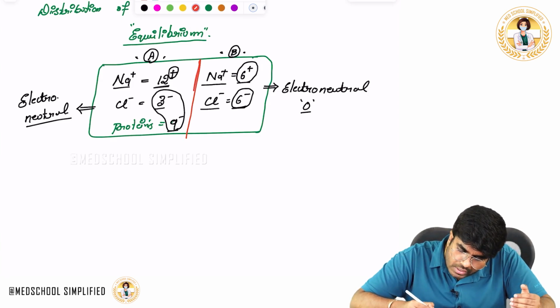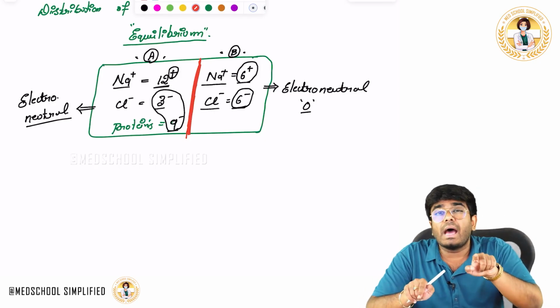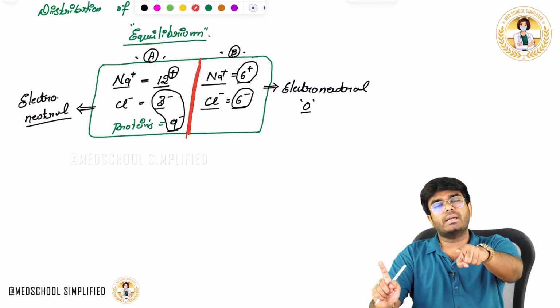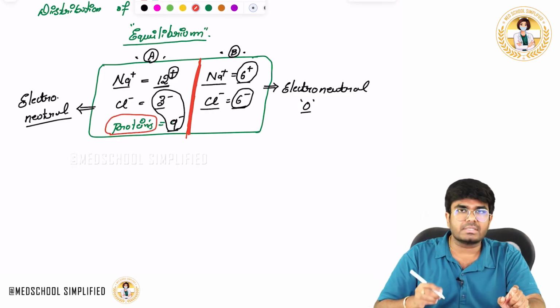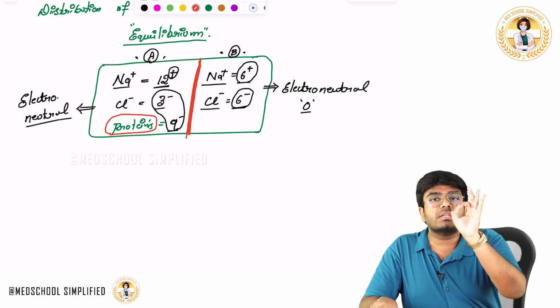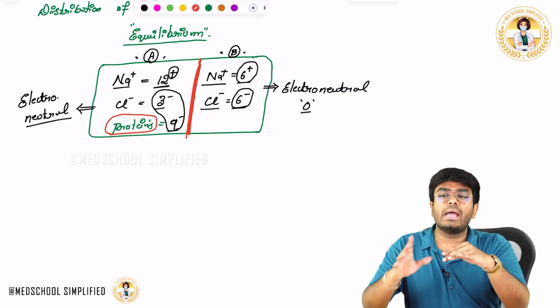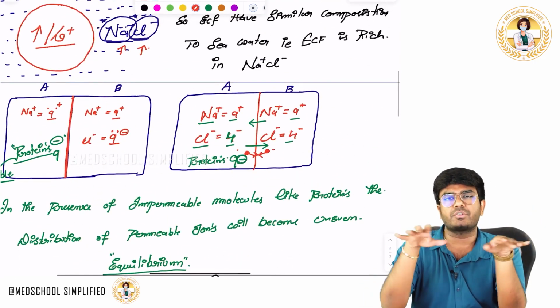So, across this membrane, ions are now getting unequally distributed. Due to the presence of molecules like proteins, which are of course present in our cells, the ions are getting unequally distributed. If proteins are not there, they are equally distributed.